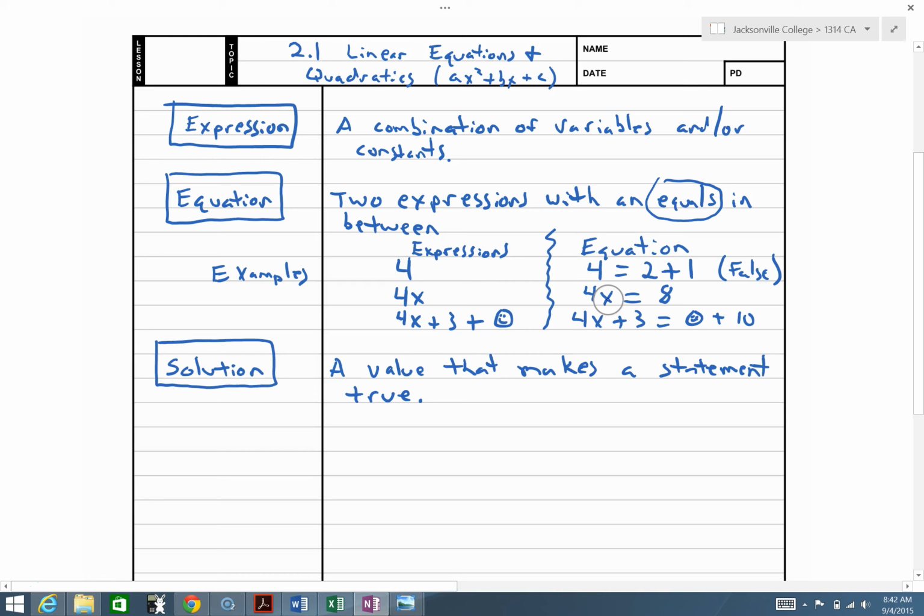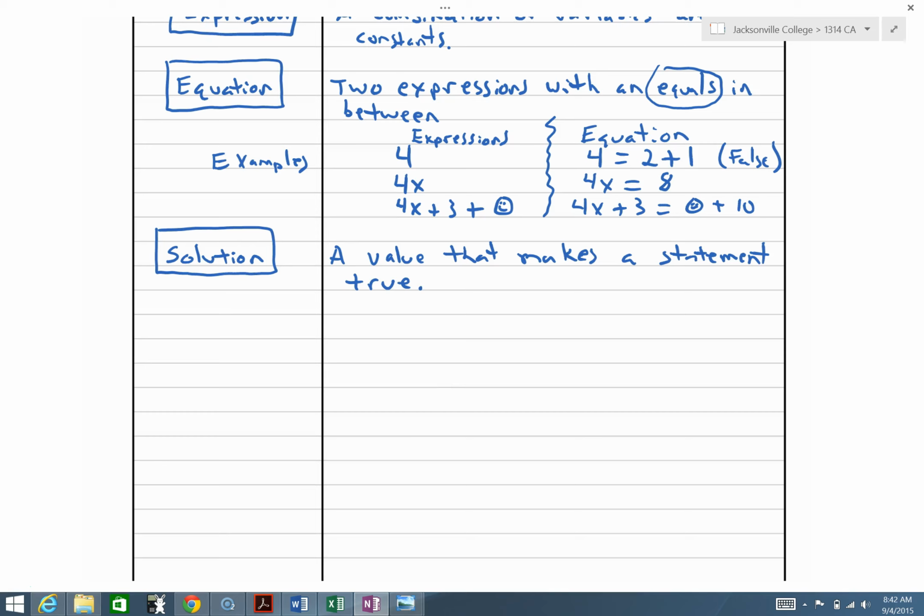If x were 2, this would be a true statement because 4 times 2 does indeed equal 8. x equals 2 is the solution to this equation. This closed statement does not have a solution. It is either true or false in its current form. And when we say statement, in this case, we're speaking of an equation, because an expression will not have a solution. We'll have some value we can substitute in place of our variable.